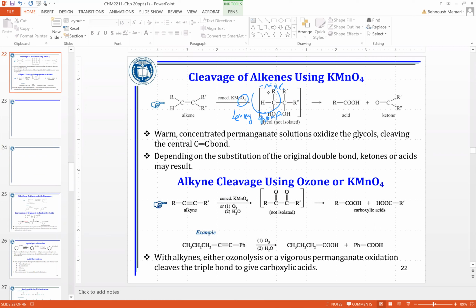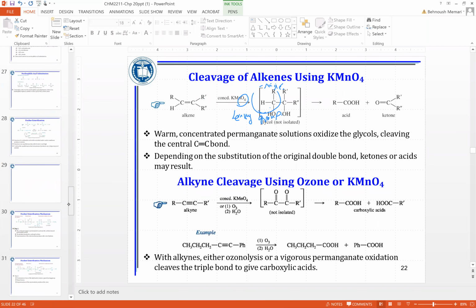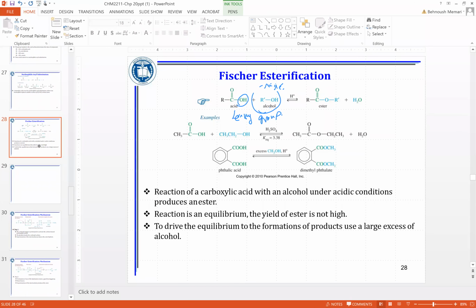A leaving group is going to be a strong leaving group if, after leaving, it is going to be stable on its own. If OH leaves, hydroxide is very reactive, not stable, so it is going to be classified as not a good leaving group.